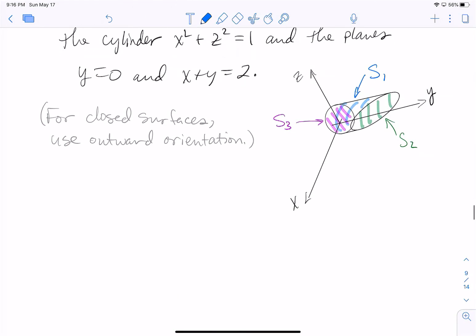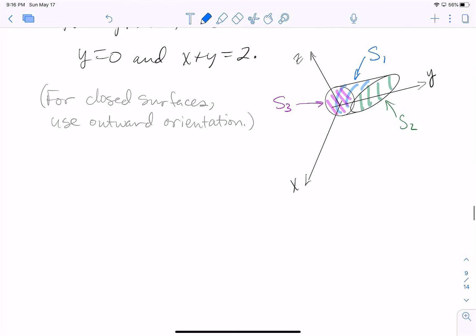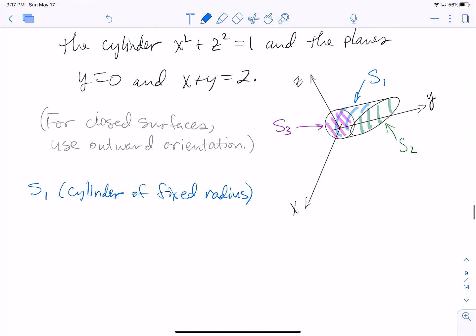The first thing I'd like to do is find a parameterization for each surface. S1 is the cylinder. Remember, it is a cylinder of fixed radius, that radius being 1. Therefore, a good parameterization is x equals cosine of theta, y equals y, and z equals sine of theta, because remember, it's a cylinder whose trace in the xz plane is a circle of radius 1.